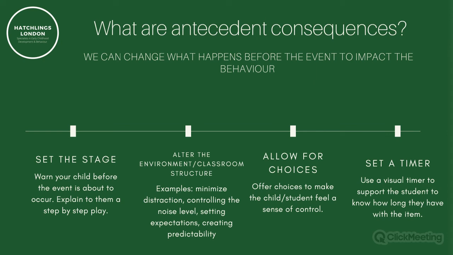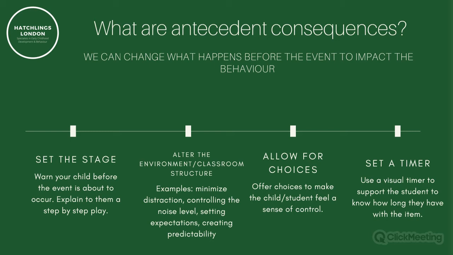So we're looking at what are antecedent consequences. This is basically that you can change what happens before the event to impact the behavior. So we've put here 4 different ways that we can really think about how we can use an antecedent consequence to impact the behavior. First we can set the stage. So we can warn the child before the event is about to occur and explain to them step by step.